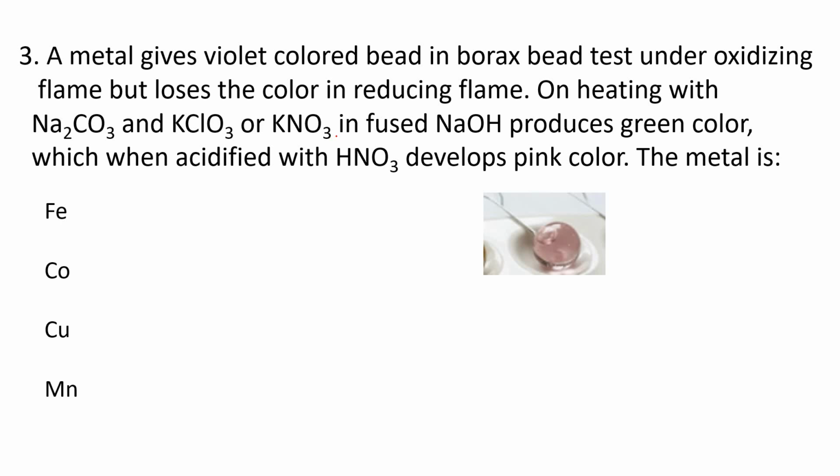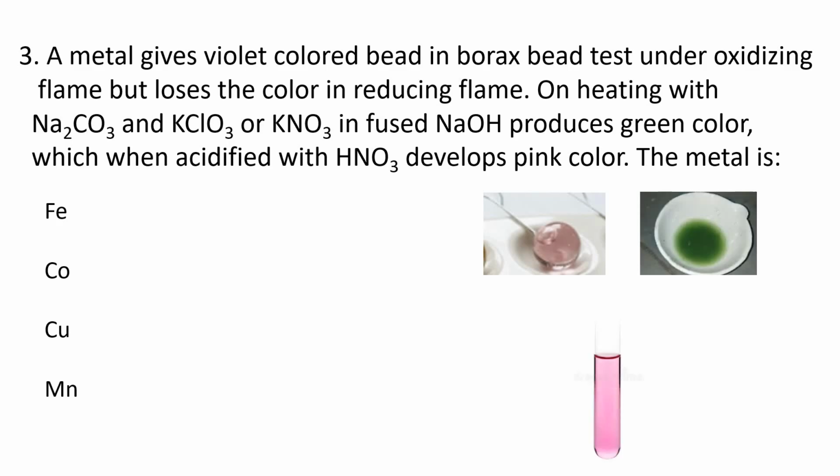On heating with sodium carbonate and potassium chlorate or potassium nitrate, in fused sodium hydroxide produces green color, which when acidified with nitric acid develops the pink color. The metal is? Think about it. Here the answer is manganese. The metal is manganese.